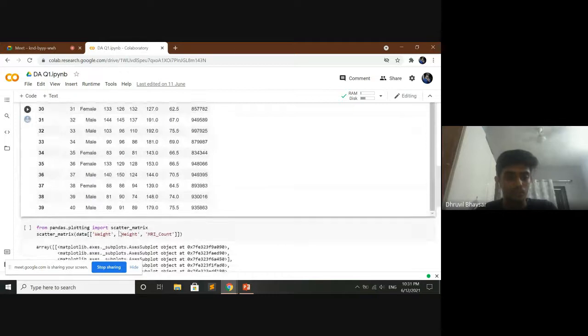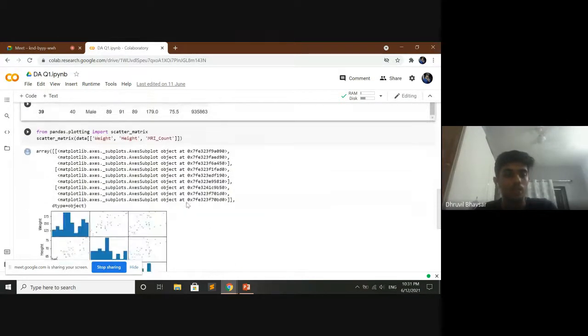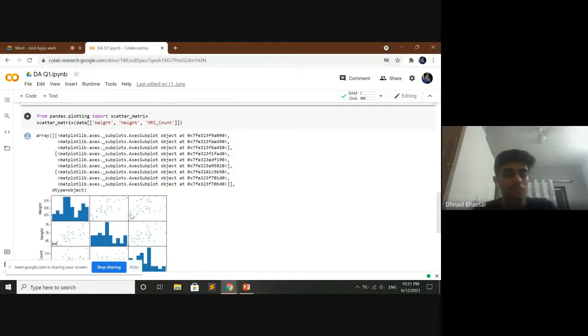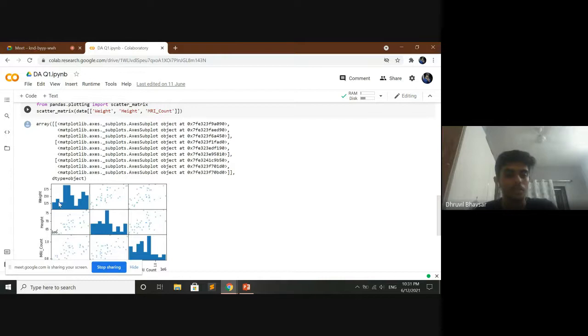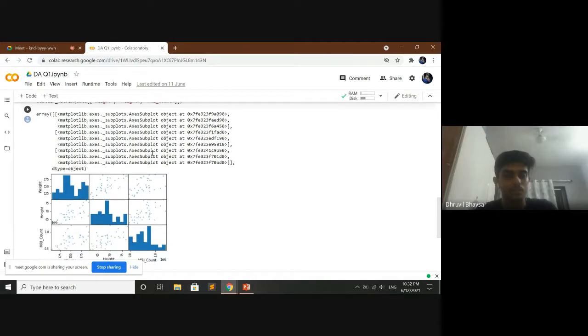39. And in the next block of code, we have to scatter plot the graph of weight, height, and MRI count. So from the library pandas, we are importing the scatter matrix function. This function basically gives simple two-dimensional graphs of the given parameters. Here I have given the parameters weight, height, and MRI count.